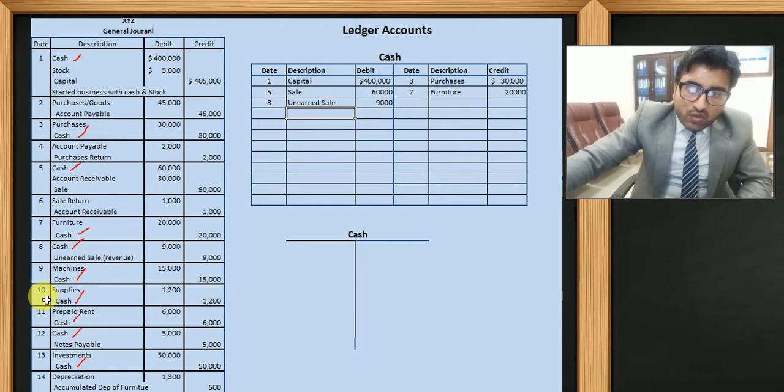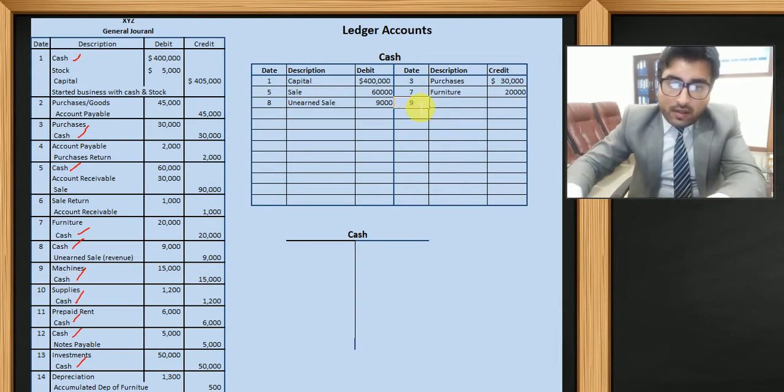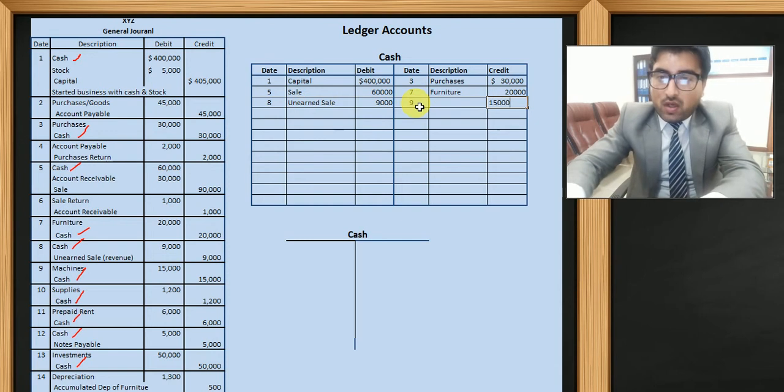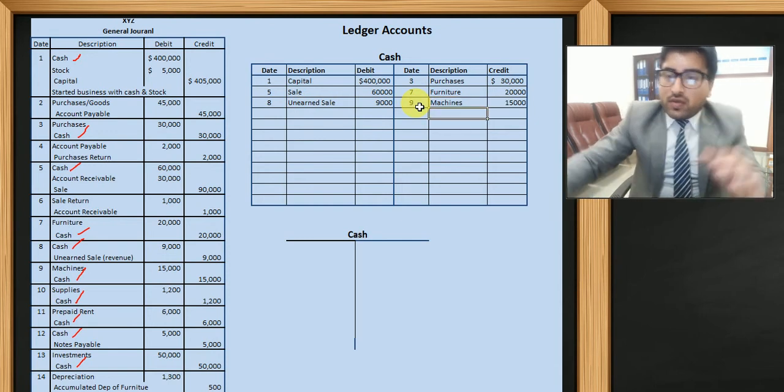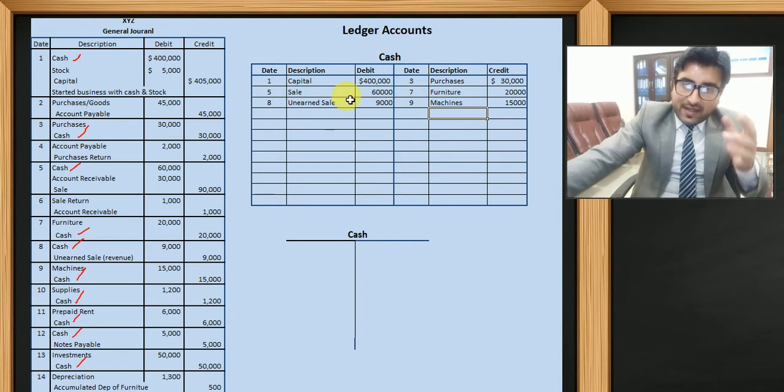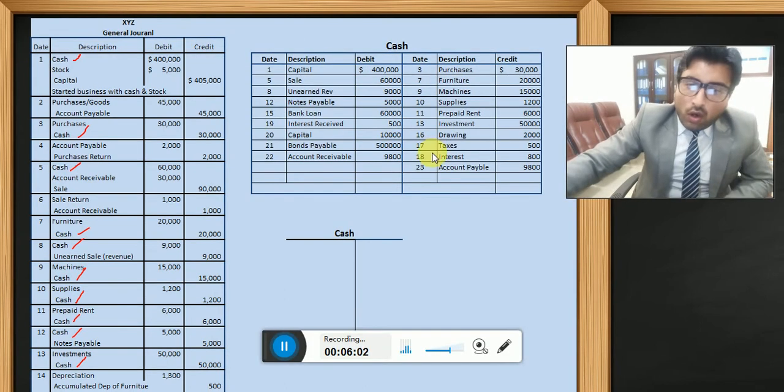And next, date 9, cash credited $15,000, and this is because of machines. So dear students, very simple. Continue to post all debit entries into the debit column and the credit entries into the credit column, and then at the end we will have all the entries posted.